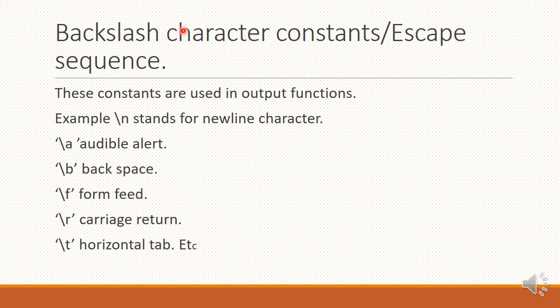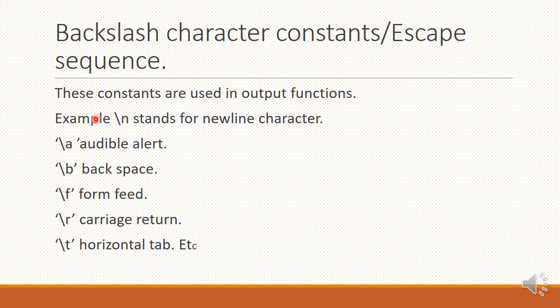The next point is another type of character constants. These are also very important in C programming, that is backslash character constants. They are called backslash character constants, or also the escape sequence.